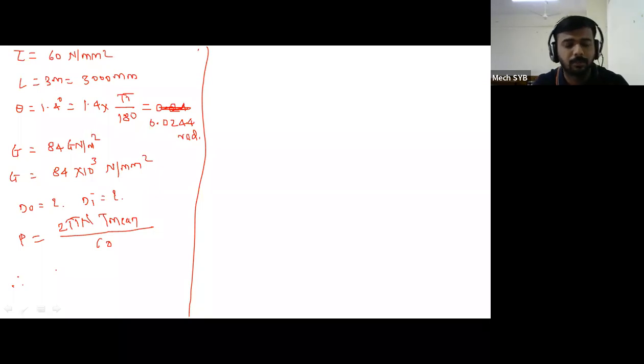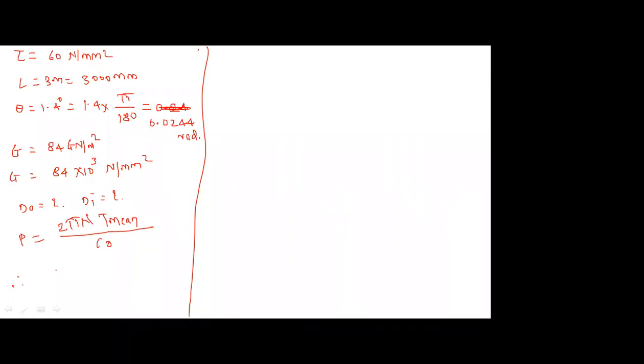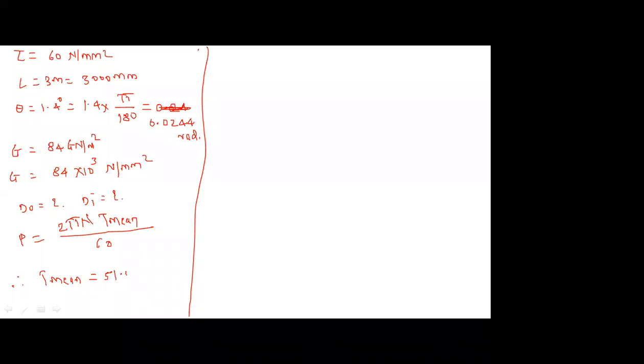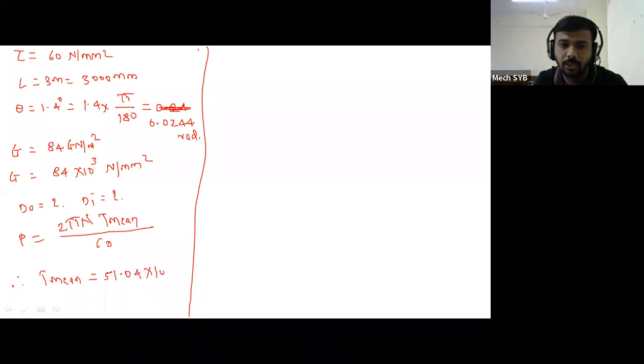Put the power formula, put the power value and n 110, you will get the T min value in the form of Newton meter. What is the T min value? 51.04 into 10 raised to 3. Okay, T min. Those who have calculated, send your answers in the chat box.